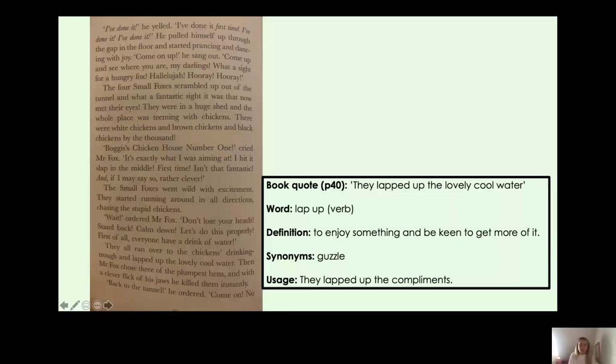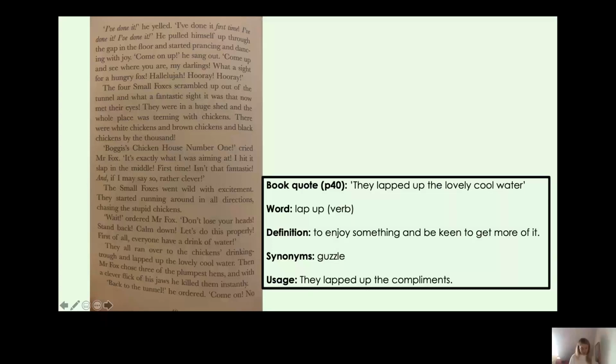You want another drink. But you can also lap up, for example, some compliments. So if somebody's saying something really nice about you and you're enjoying it, you're keen to get more. So you're really enjoying the fact that they're saying nice things about you. So they lapped up the compliments. But as I said, in this story, they are lapping up the lovely cool water because they are so thirsty because they've been trapped in their home.